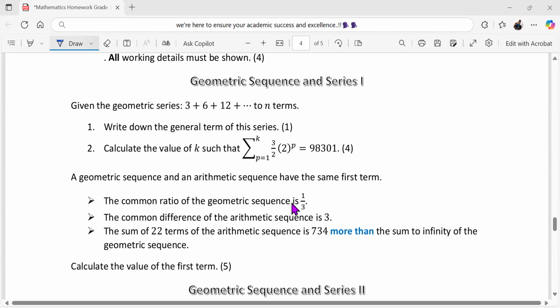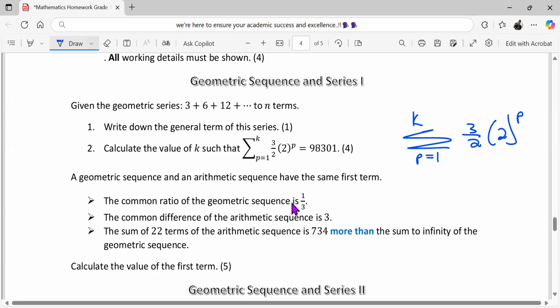And after that, we need to calculate the value of k such that the sum from p equals 1 to p equals k of 3 over 2 times 2, which is further raised to the p, is equal to this value.